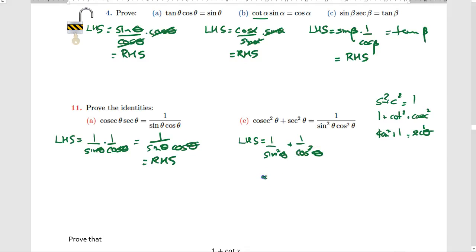Now, I know whenever I have fractions that if I get the common denominator, so that would be sine squared cos squared, and you can see that you start to feel you're on the right track here. And up the top, sine squared goes into this cos squared times, so that's cos squared times 1. Cos squared goes in sine squared. We know we're there because sine squared plus cos squared is 1. So done.